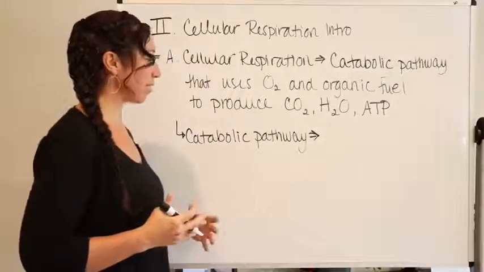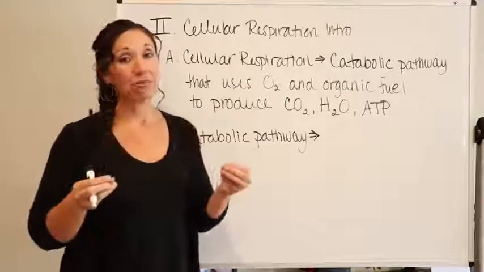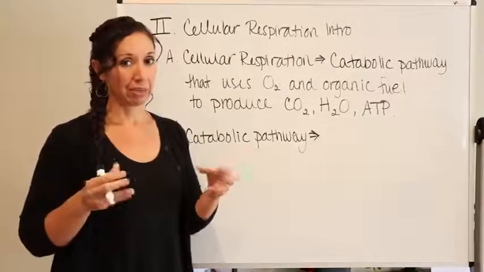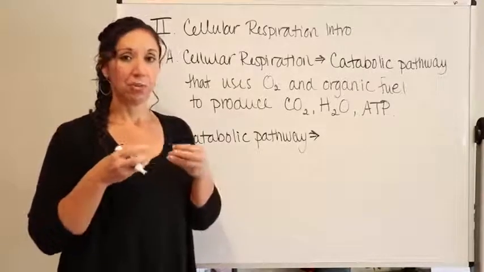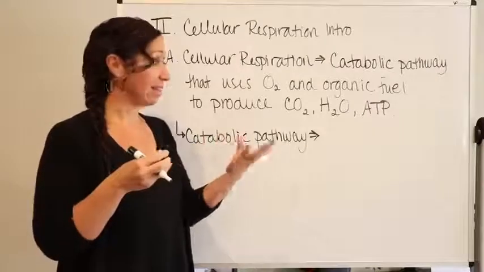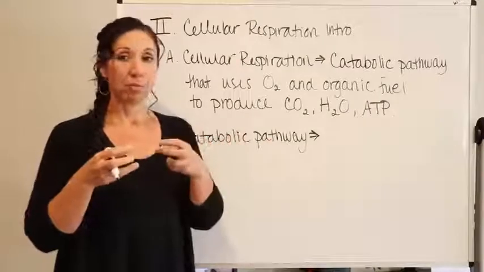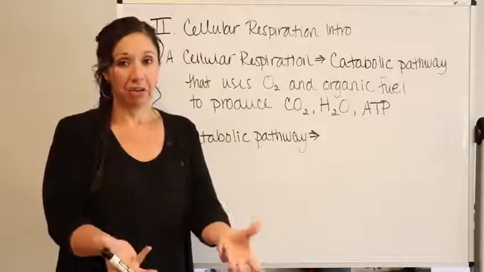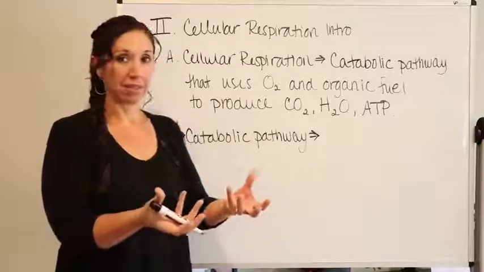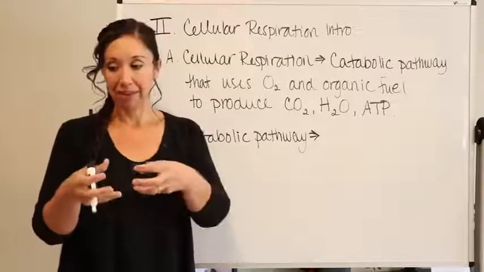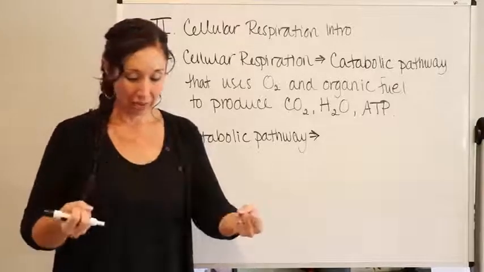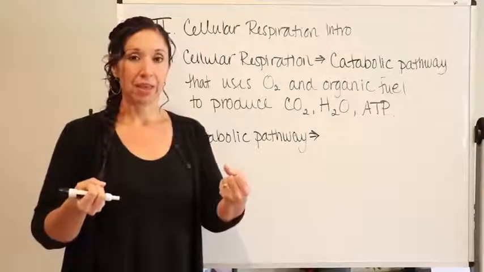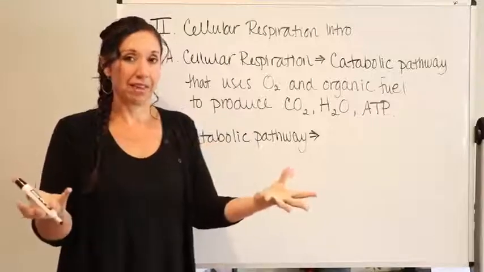So a catabolic pathway is a series of reactions, many reactions basically put together to break down, in this case, organic fuels, but to break down molecules in order to release energy. So that's the beauty of catabolic pathways, is that they're breaking down these complex molecules and releasing the stored energy inside of them.